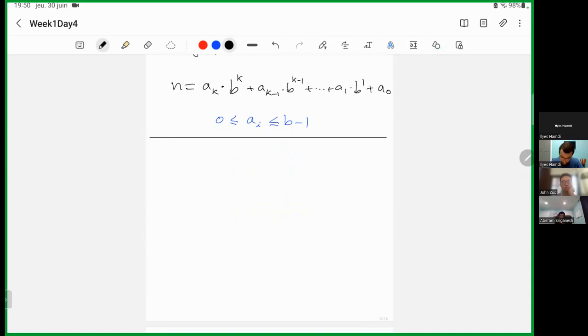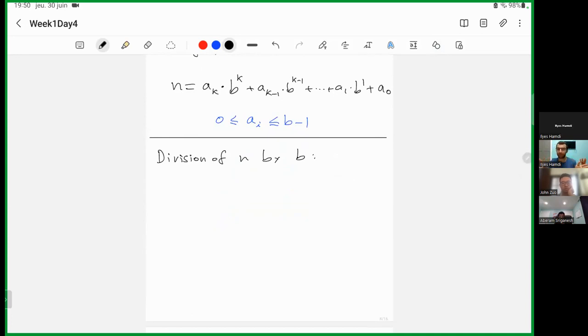So, okay, so the first thing I will do is consider the divisibility, so division of n by b. Okay, I'm doing it in a very general case, and then we'll look at examples.